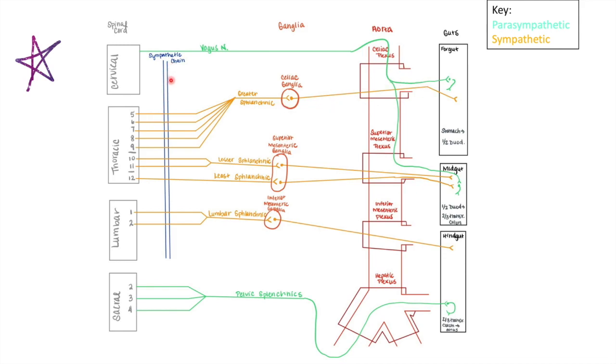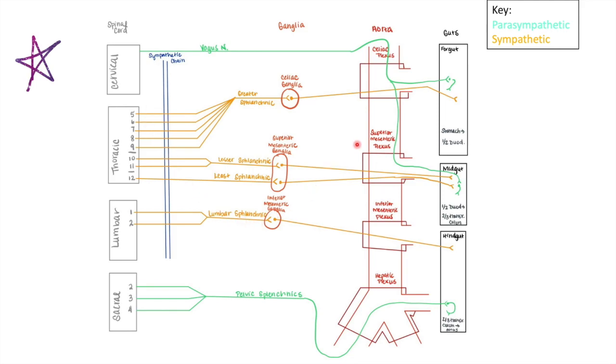And if you remember, when you look in the body, you can see this sympathetic chain, and that is only affecting our sympathetics. These are coming off through the sympathetic chain. The parasympathetics do not go through this, since it is called the sympathetic chain.